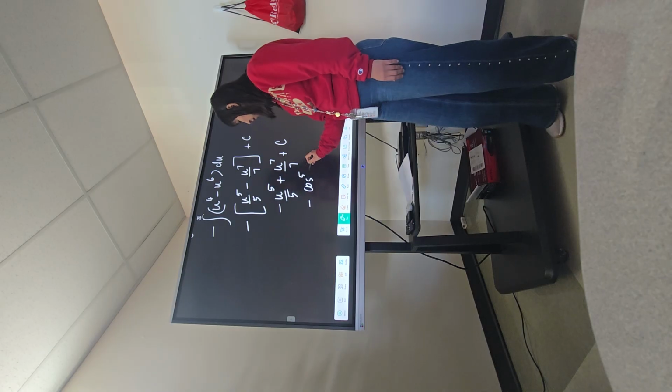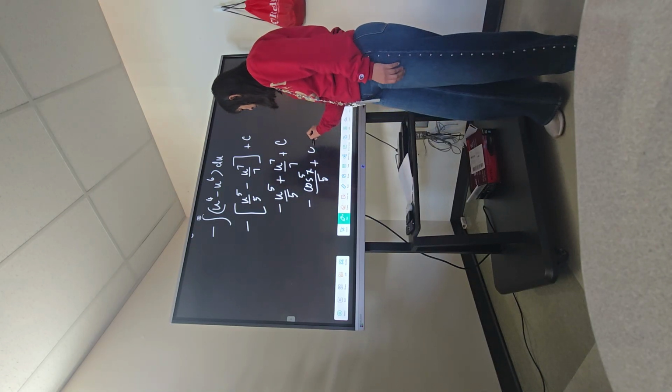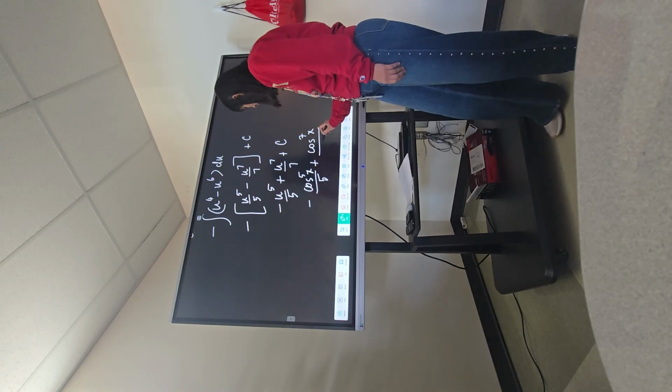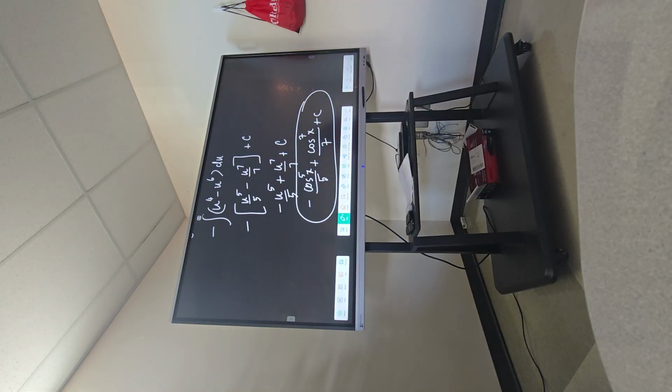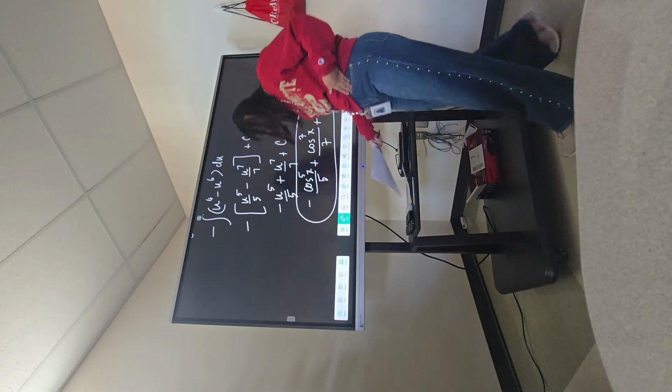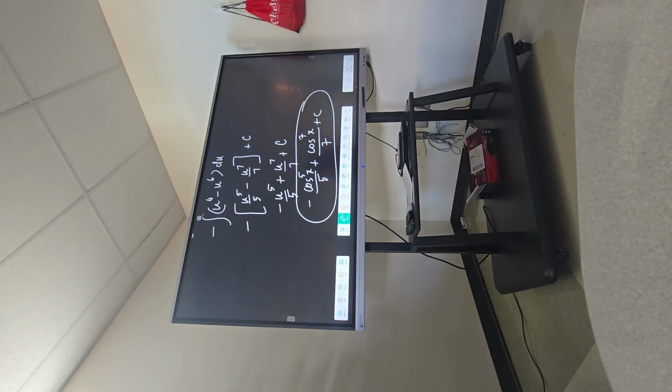So cosine to the 5x over 5, cosine to the 7th over 7 plus c. I'm going to let you struggle with that for trying out too.